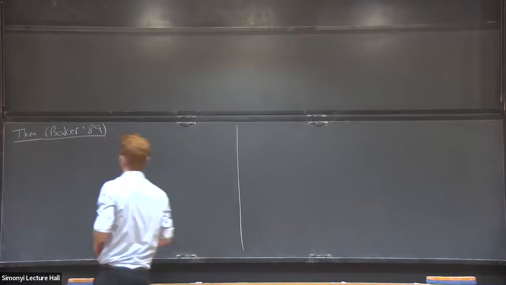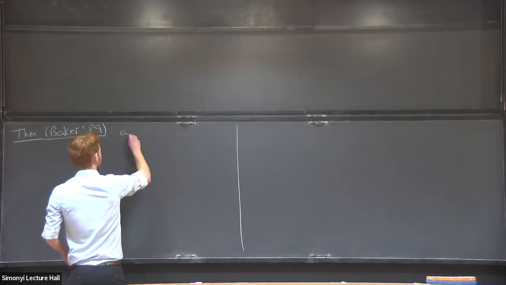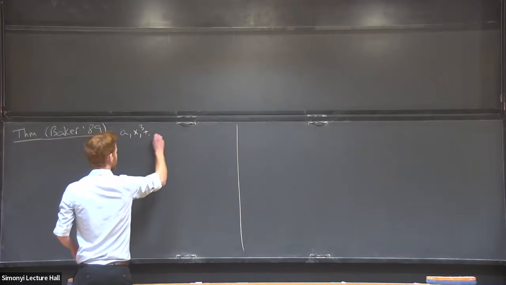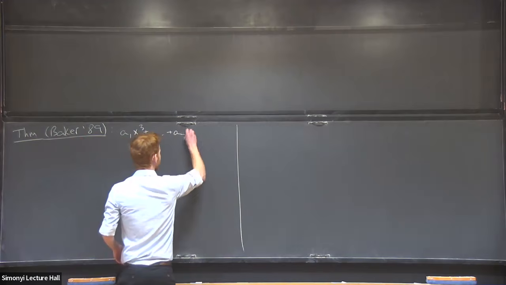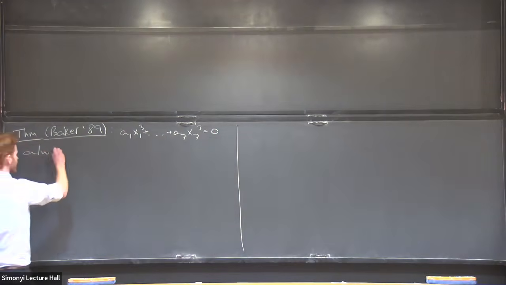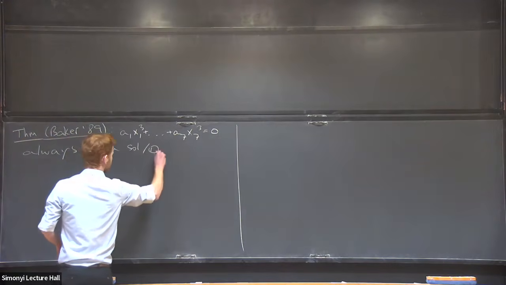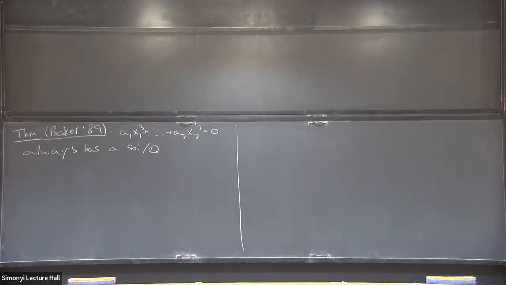There's a theorem of Baker from '89, which says that the equation A1 x1 cubed up to A7 x7 cubed equals 0 always has a solution over Q. And this 7 is tight, so in 6 variables you might not have a solution. I'm citing the results from '89, but this is sort of the culmination.